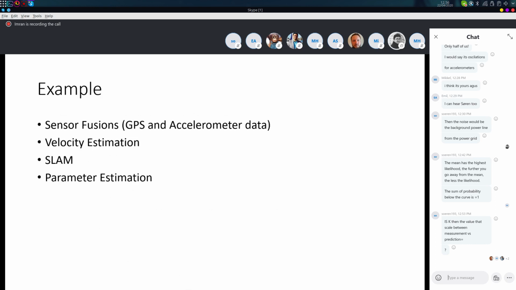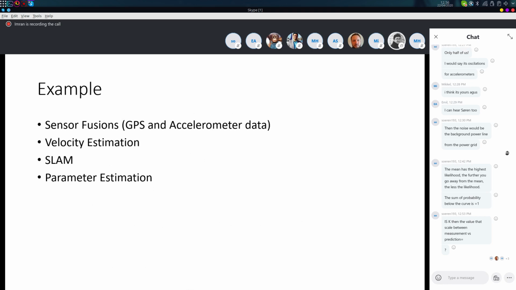And then this is some example of where this Kalman filter is used. The first one is sensor fusion. Let's say you have GPS and accelerometer data, and what you want to do is fuse this GPS data.